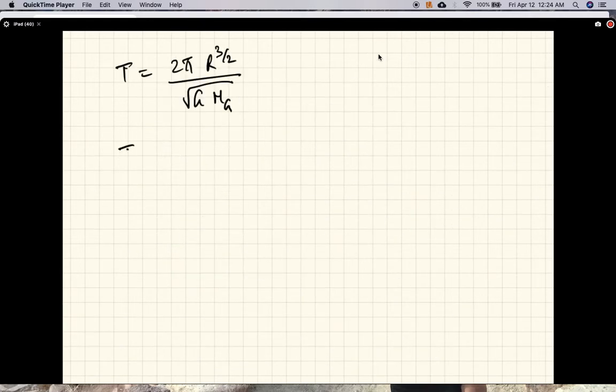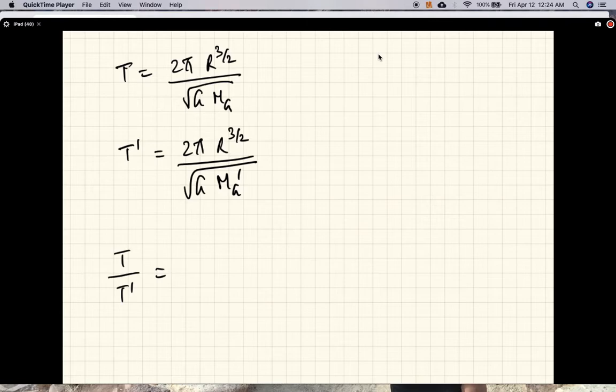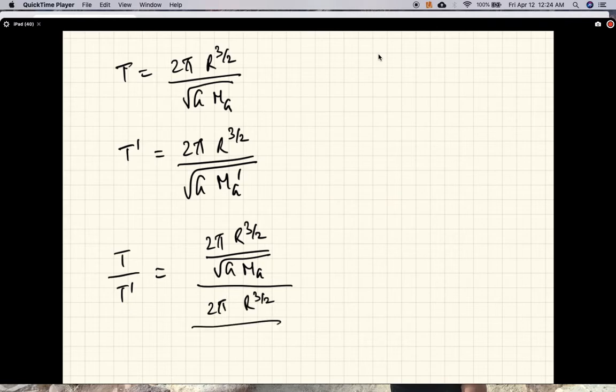And if T prime, the new, actual period, corresponds to M_g prime, then T divided by T prime should equal 2 pi r to the power 3/2 over the square root of G M_g, divided by 2 pi r to the 3/2 over the square root of G M_g prime.